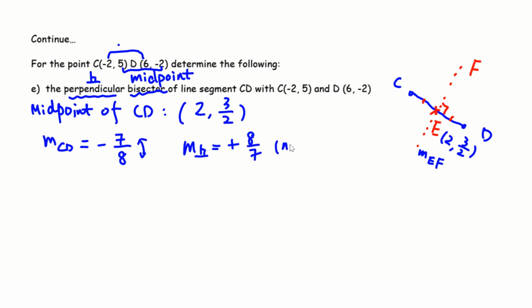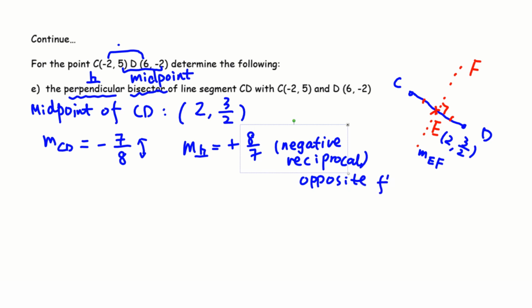So it's the negative reciprocal of the original line. Or you could think of it as opposite sign, then flip the numerator and denominator. So this is the slope of EF.